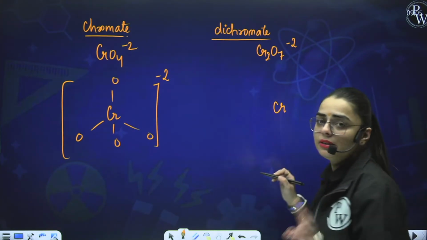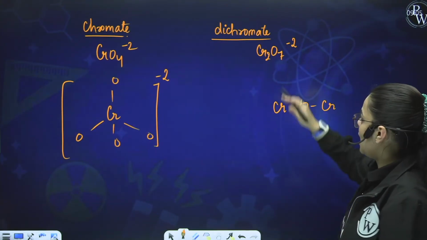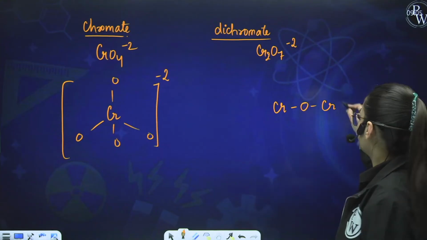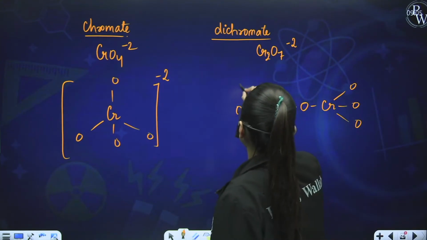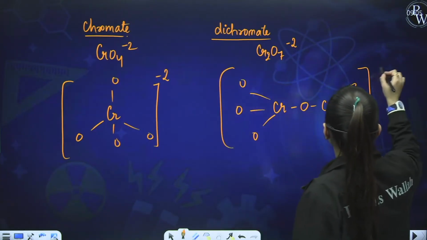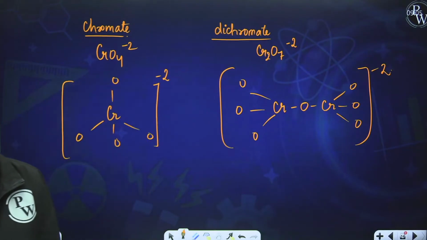Basically, there are 2 chromium now, and they both will be bonded with oxygen like this. How many oxygens are left? 6 are left. So, 3 oxygens over here and 3 oxygens over here. The overall charge is minus 2. So, this is the structure for chromate ion as well as for dichromate ion.